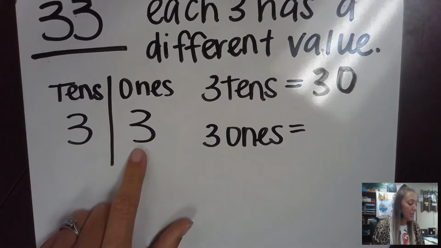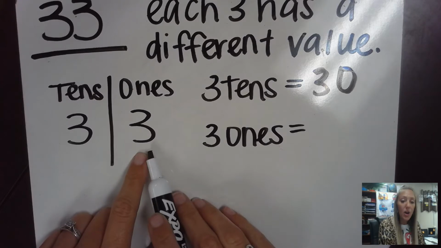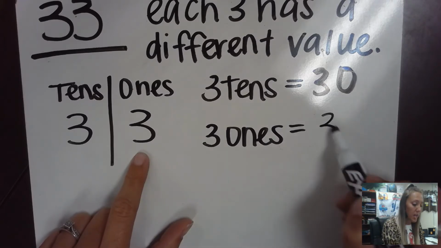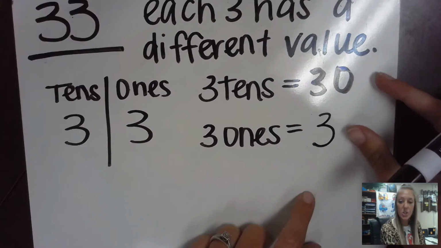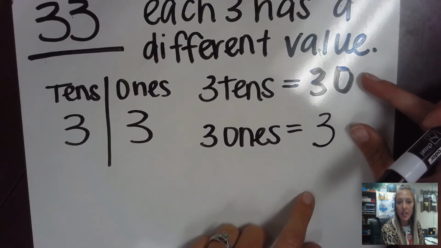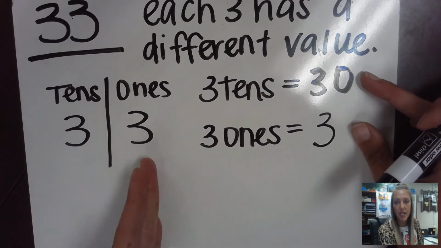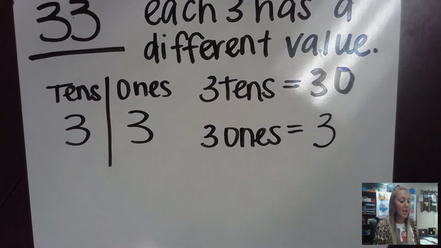And then we have a 3 in this ones position. The value of this 3 is 3 ones. It is 3. So then we put these two together, and that gives us 33. We have now broken down 33 into the tens and the ones place so that we can understand the value of that number.